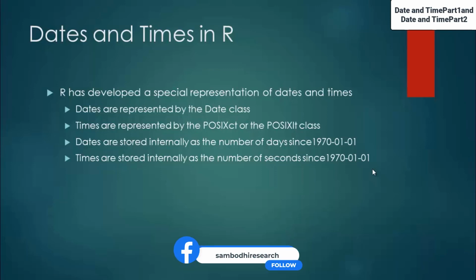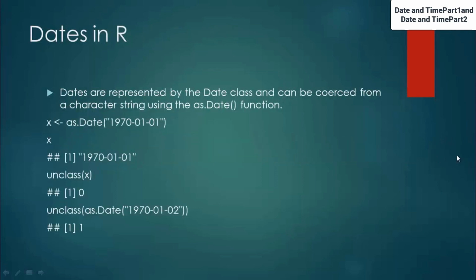Same way for times, but it is the number of seconds since the first of January 1970. This happens with most programming languages, so there is nothing much different here. Dates are represented by the Date class and can be coerced from a character string using the as.Date function.